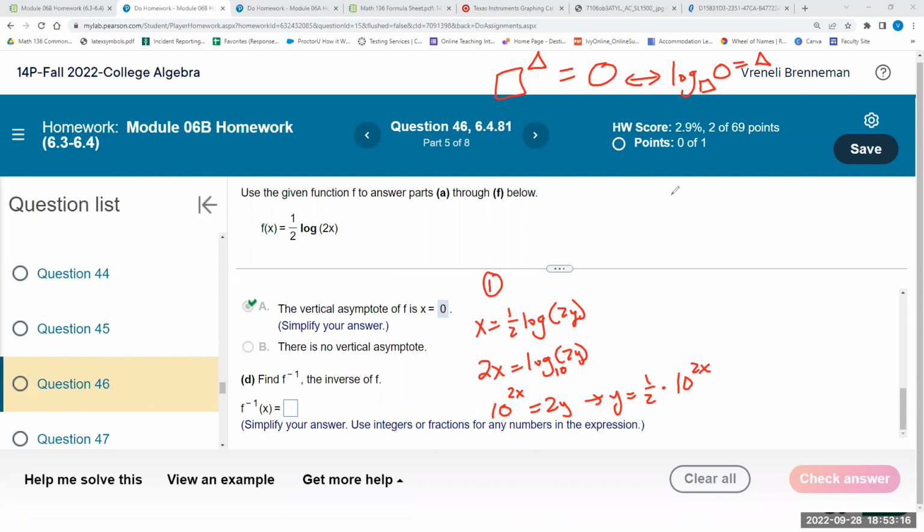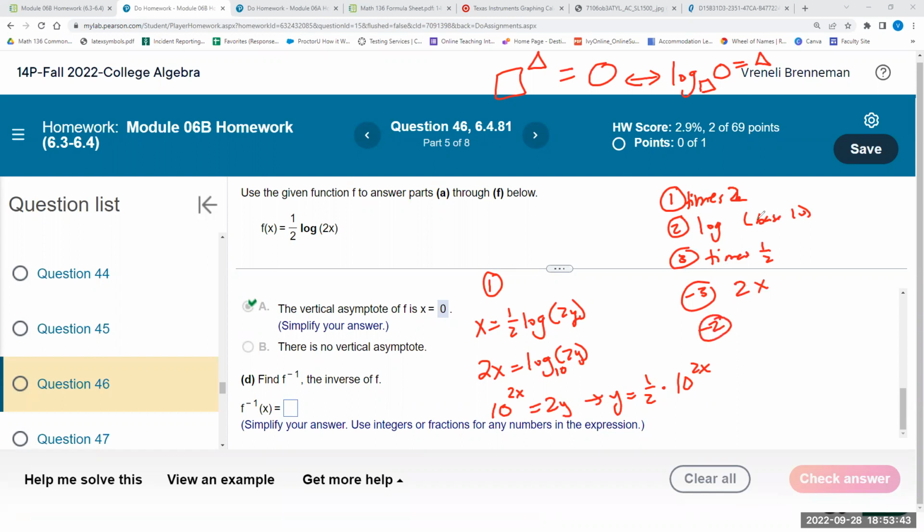The other method, if I list the things happening to x, the first one is multiplying by 2. The second one is log base 10. And the third thing is times 1/2. So when I reverse those, I have a times 2 or divided by 1/2. So there's the 2x.